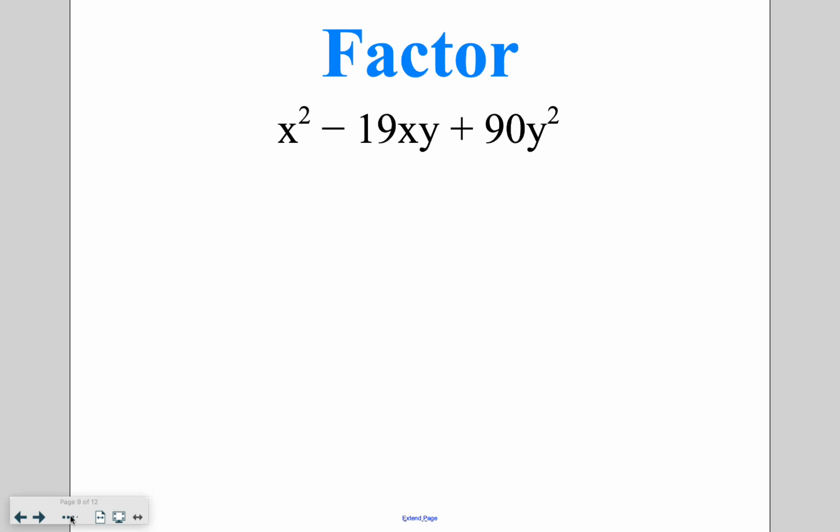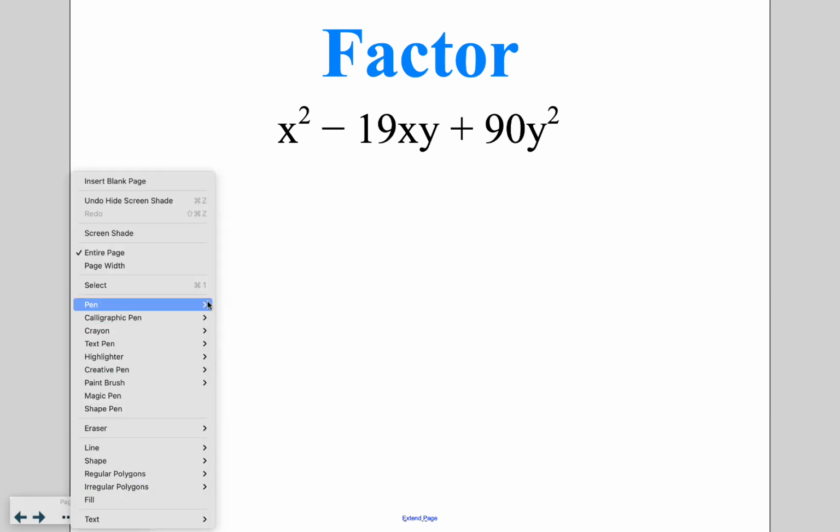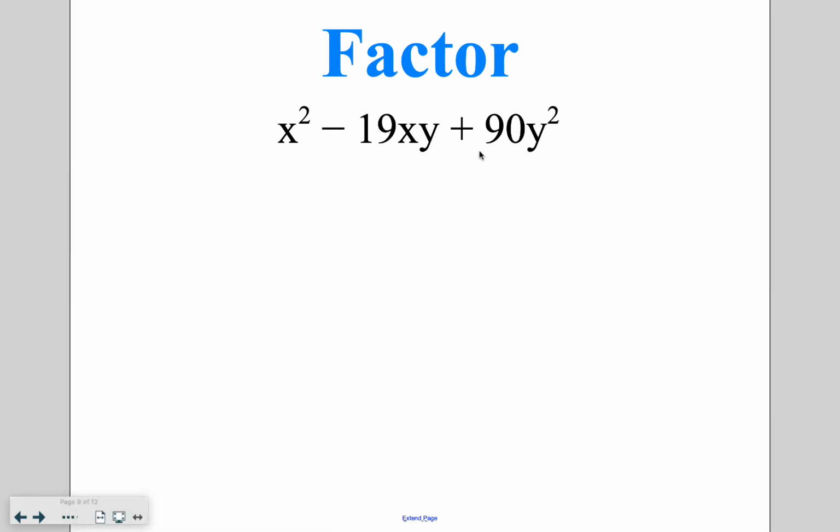So on this one here, we are looking at our back factor, and in this case, I've got 90y squared. We're going to hold on that y squared part for just a minute and start with our regular factor groups. So we've got 1 and 90, we've got 2 and 45, we've got 3 and 30, and then 5 and 18, 6 and 15, and 9 and 10.